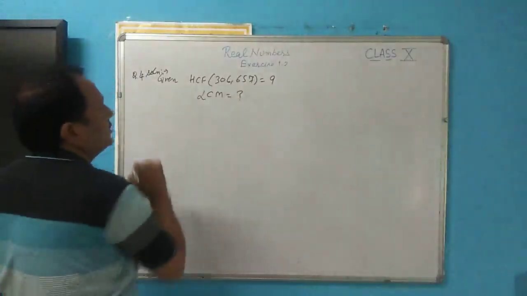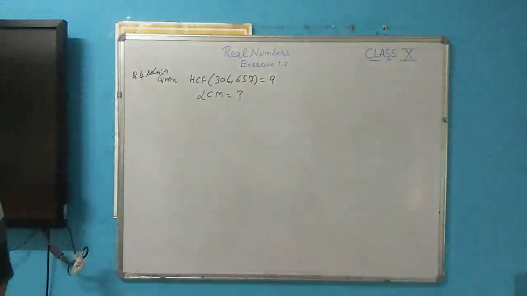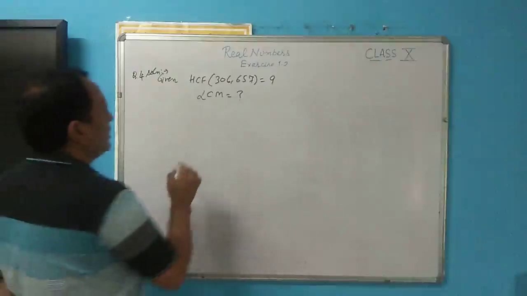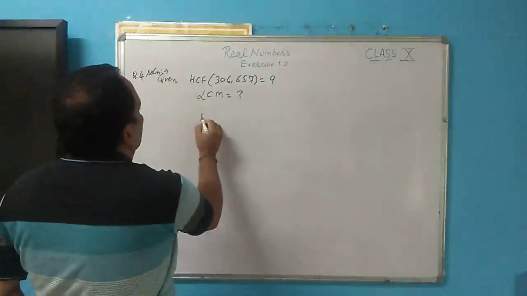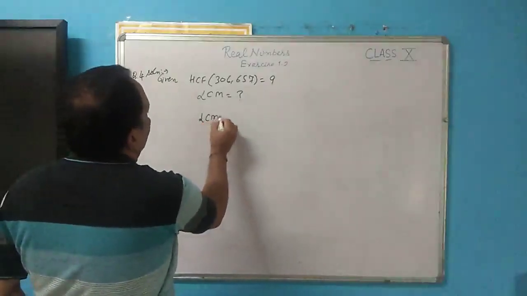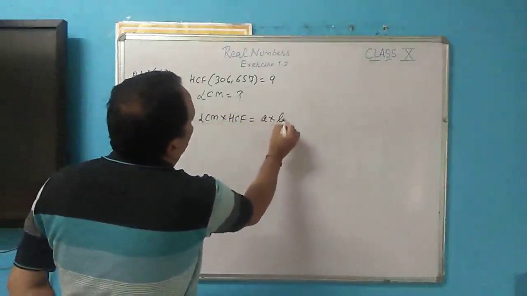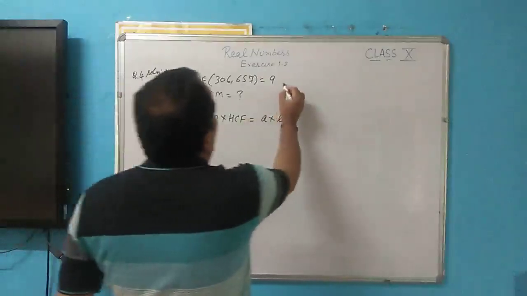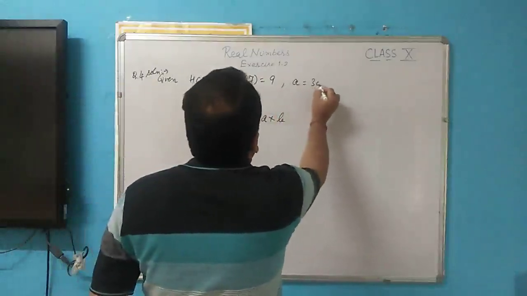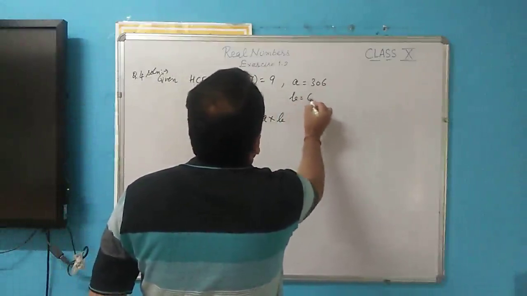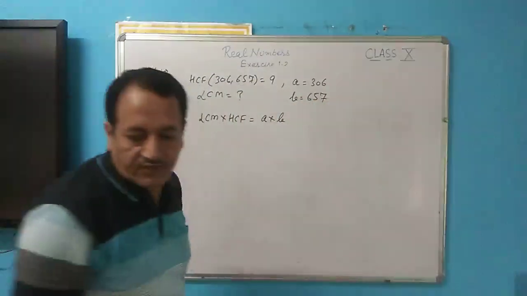So we know the relationship between product of these two numbers and their HCF and LCM. So LCM into HCF is equal to A into B. Here we will consider A equal to 306 and B equal to 657.